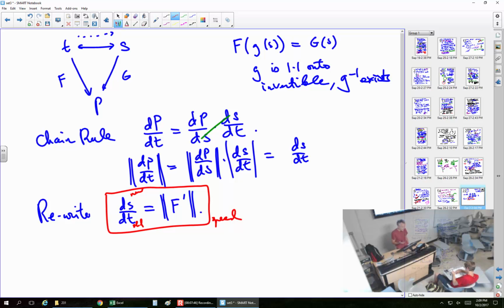Okay, so if you realize that if our speed was 1 to begin with, then ds dt is equal to 1.